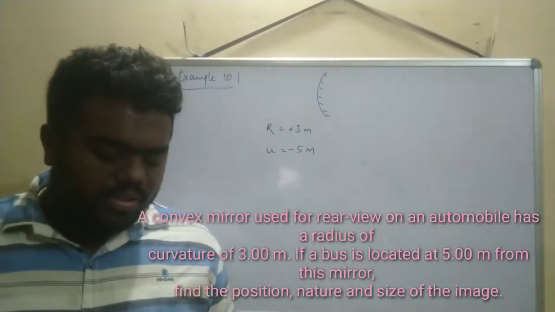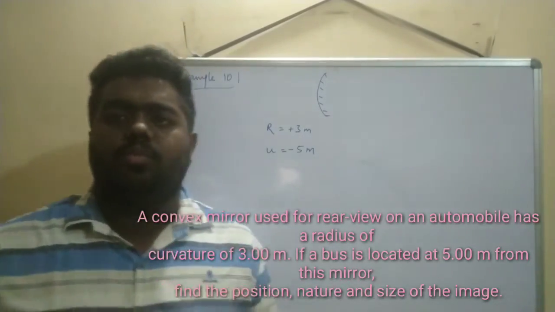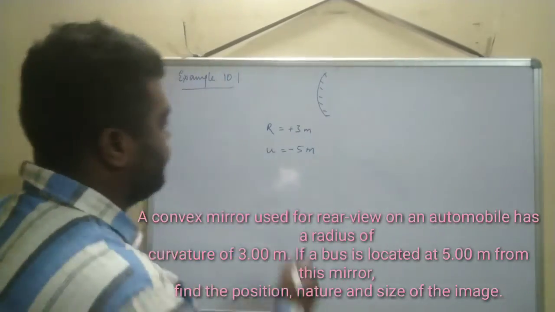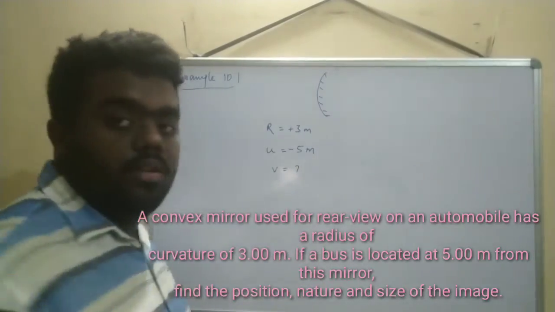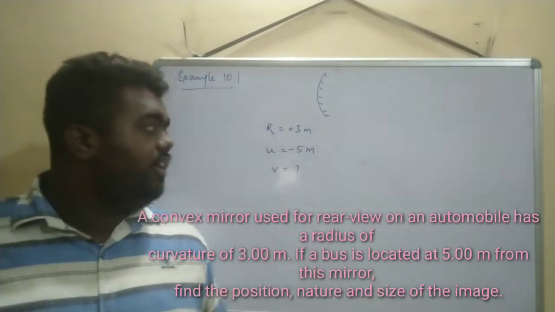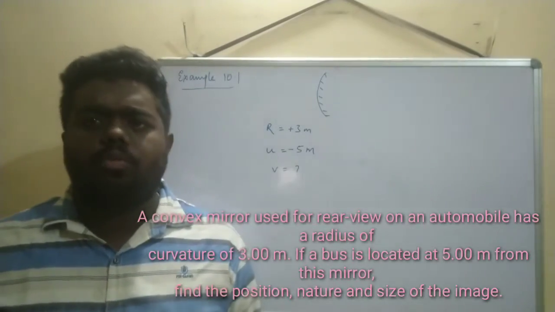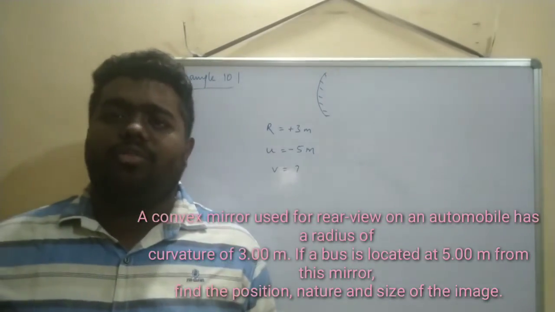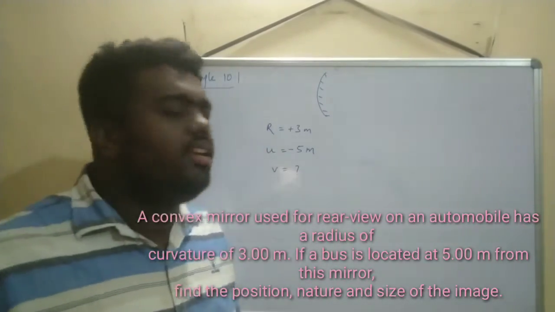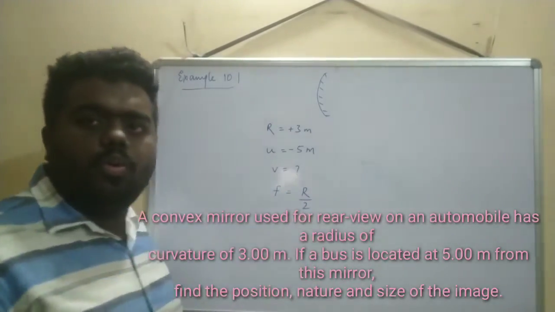Okay, now further find the position, nature and size of the image. Position of image means value of v, then size and nature we will see. v is to be calculated. So what is the formula for calculation of v when u and f are given? 1 by f is equals to 1 by v plus 1 by u, mirror formula. But we require f for that, and f is not given but radius of curvature is given, and we know the formula for f is equals to r upon 2.